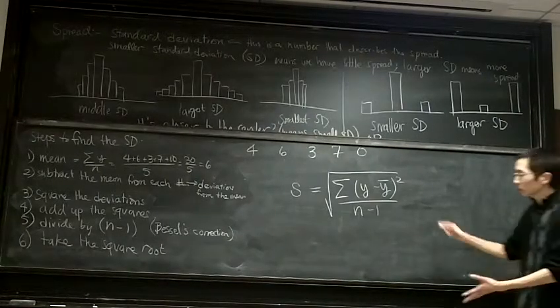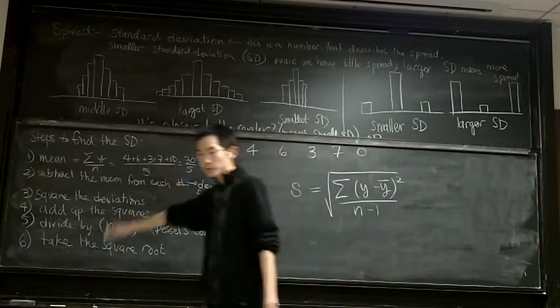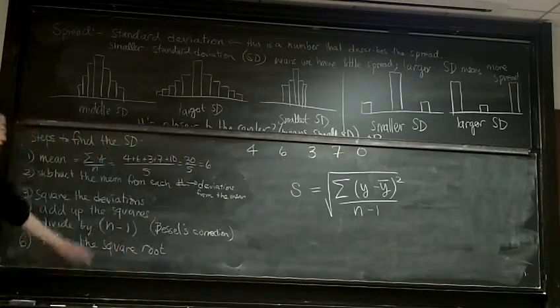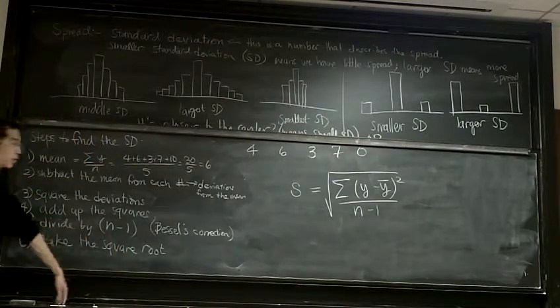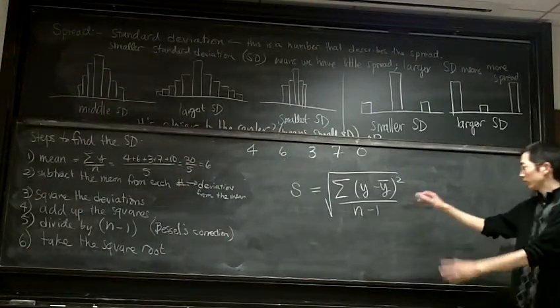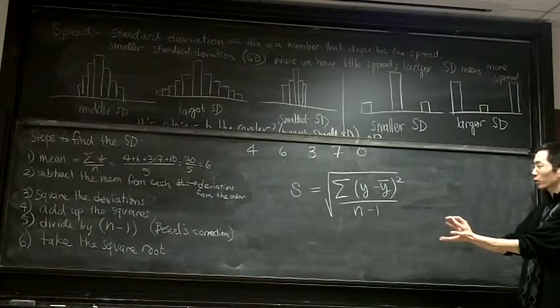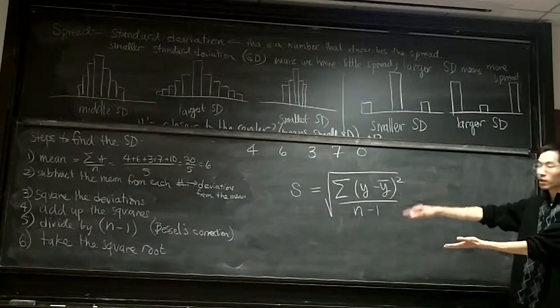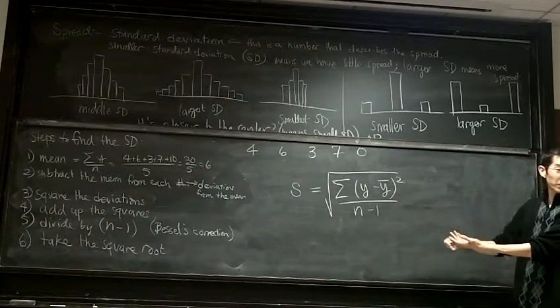In this formula are all 6 of these steps. It's just not written out in a nice, neat way, but we'll decompose this formula, and I think it'll be clear that these two things are saying the same thing.